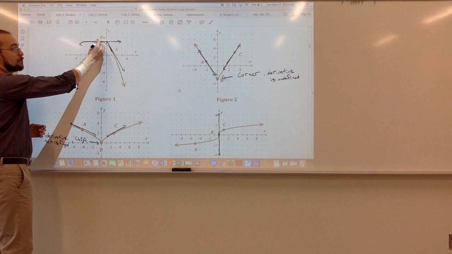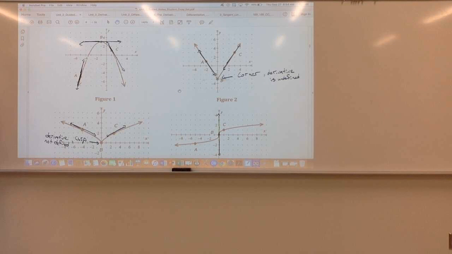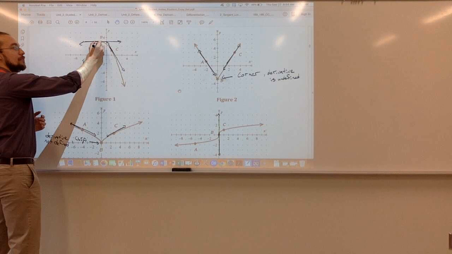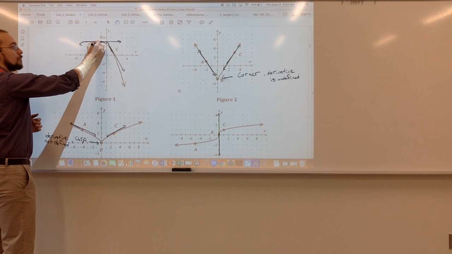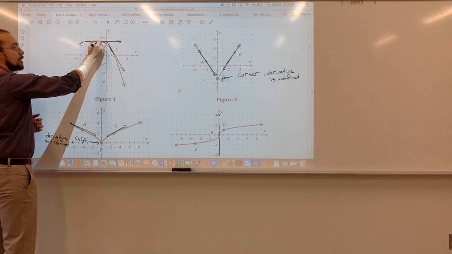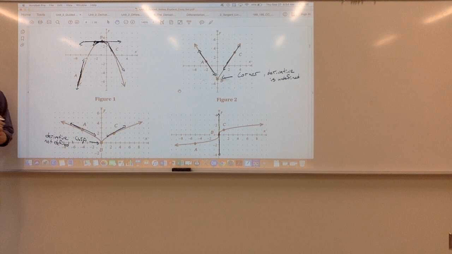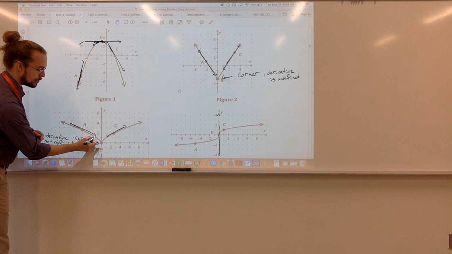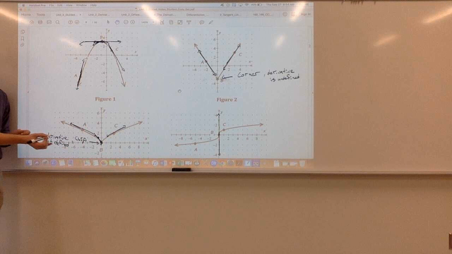So at this point, there's no way for me to draw another tangent line that would only hit the curve at one point. If my curve is smooth like this, then as I get closer and closer from either side, I can see that the tangent line's slope is going to go to 0 from both sides. If I think about drawing my tangent lines as I get closer and closer to this point, here my tangent lines are actually getting steeper and steeper, to a negative value.